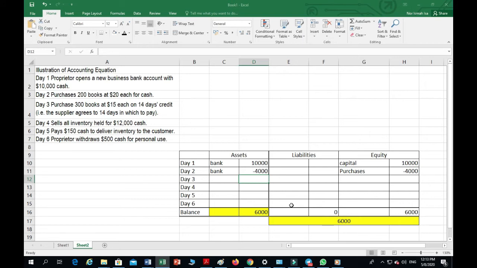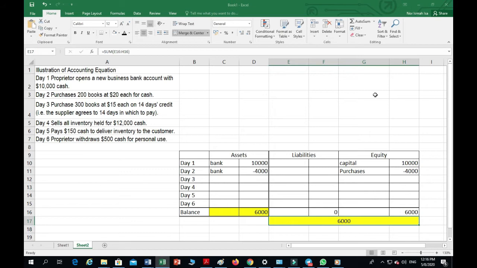As the balance to date, the asset is 6,000, which is decreased by 4,000, and on the liability plus equity side the balance is also 6,000, which is the same as the asset side.